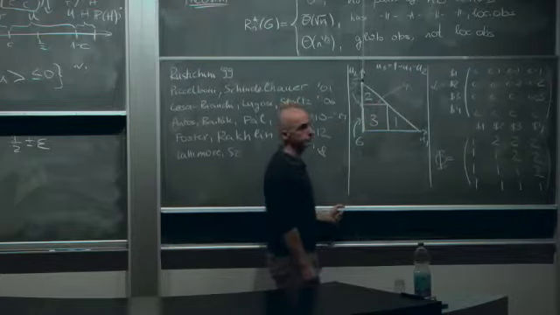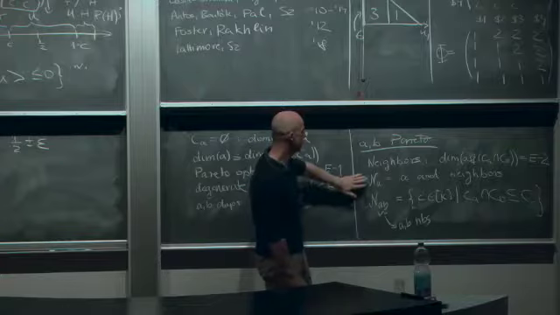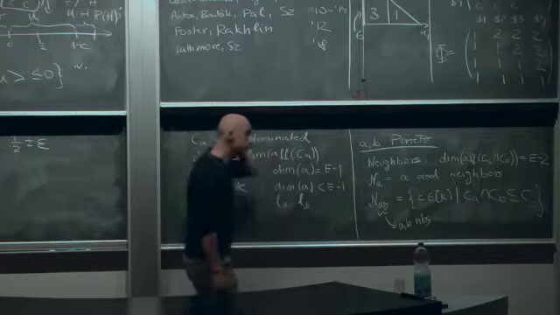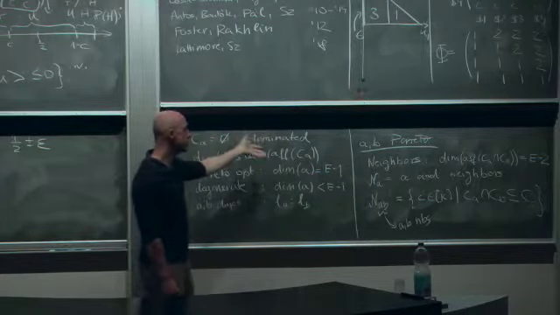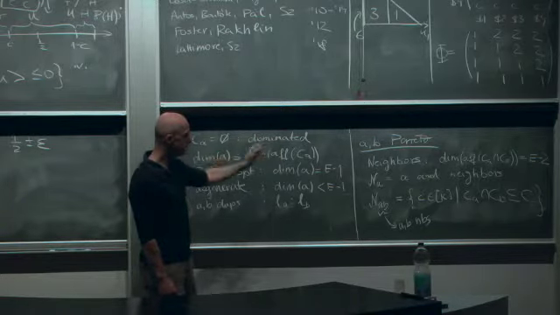So the neighbors are the ones sharing a significant boundary, and we will need the set N_A, which is A and its neighbors, and the set N_AB, which is a little bit weird.